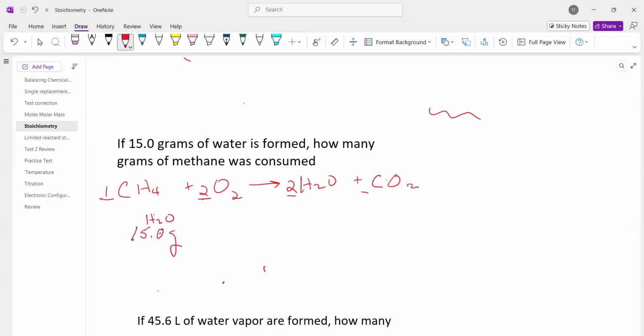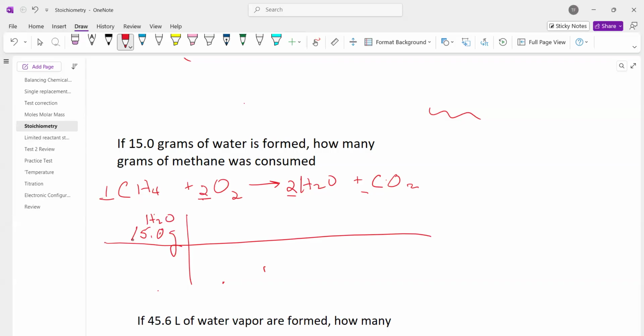Now, every one of these I'm going to do today is 3 steps. So stoichiometry basically is 3 steps, sometimes 4. Most of the time it's 3 though. I'm going to draw vertical lines instead of parentheses.